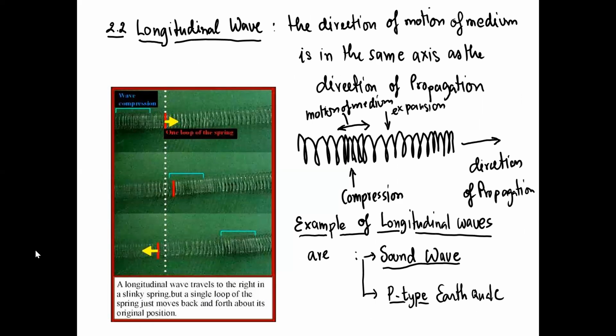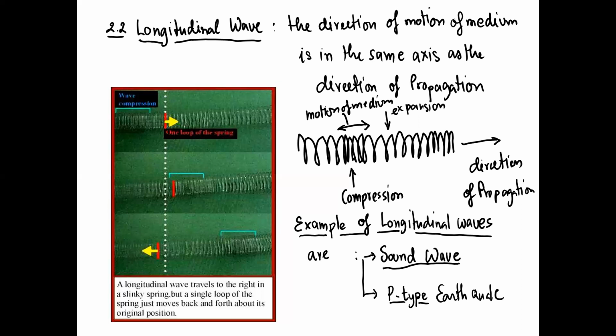For example, in this case, you will see this dense pack of spring. Okay, this is the dense pack of spring. It's caused by the motion of the spring. And you will see that the spring is moving back and forth, left to right and right to left, but it's also in the same direction as the direction of propagation.